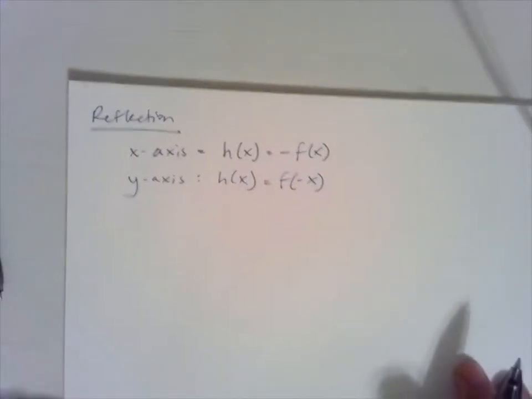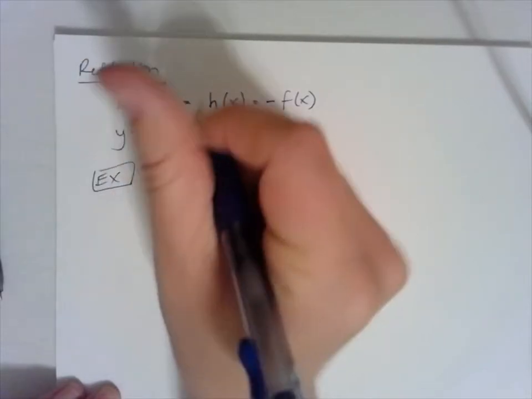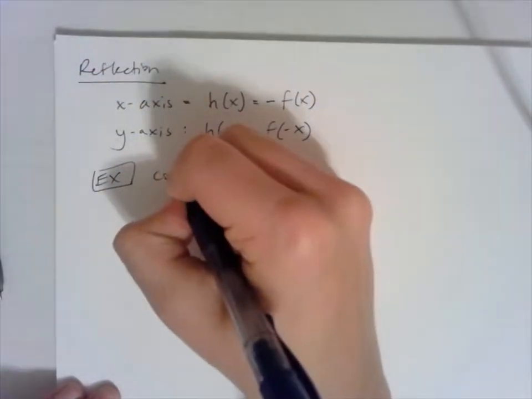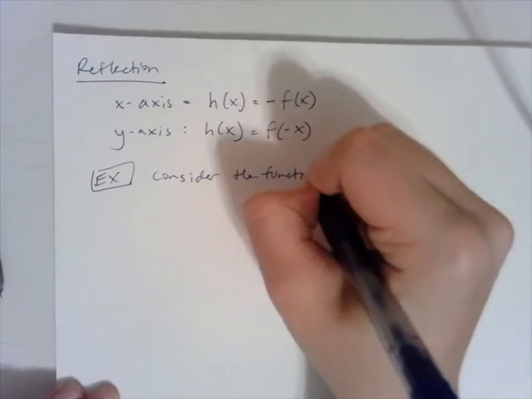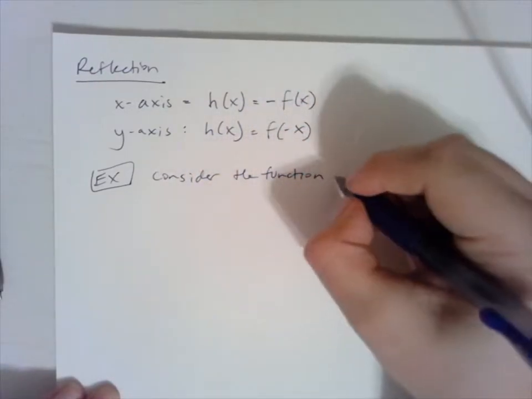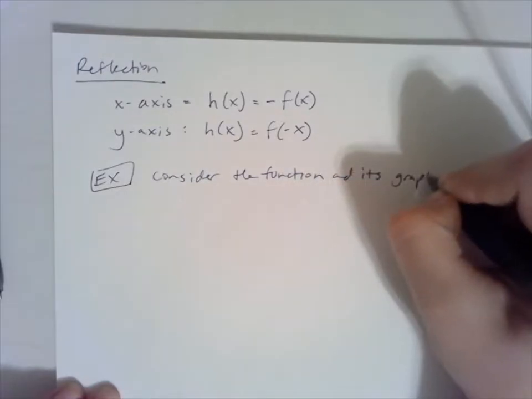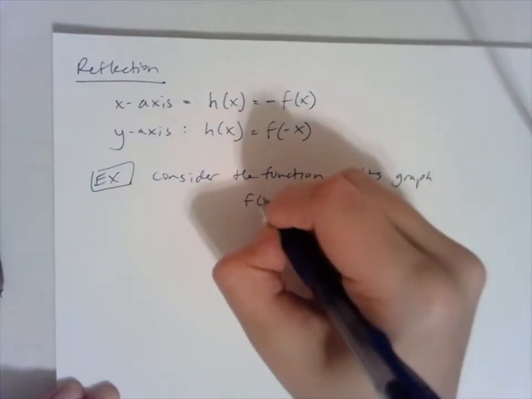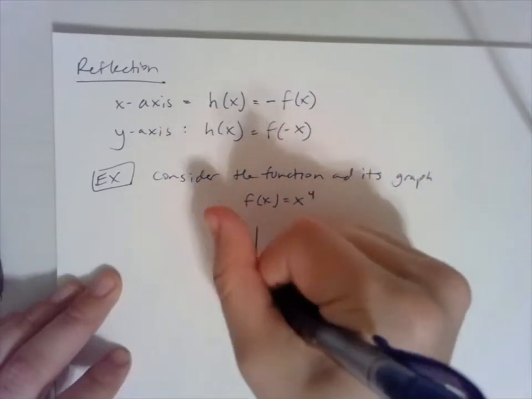So say that we had the example, consider the function and its graph f of x equals x to the 4th, and we have that kind of funny looking graph.